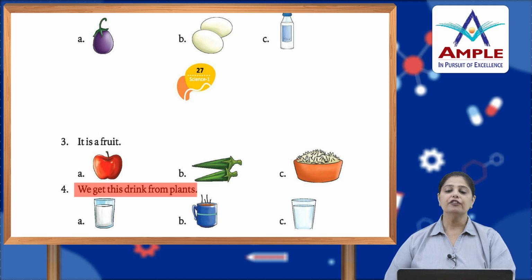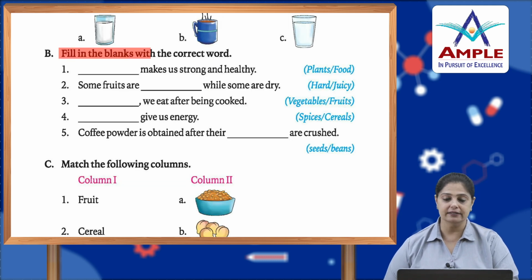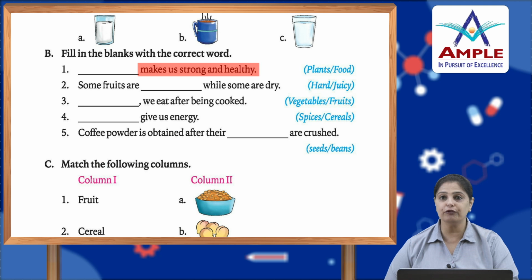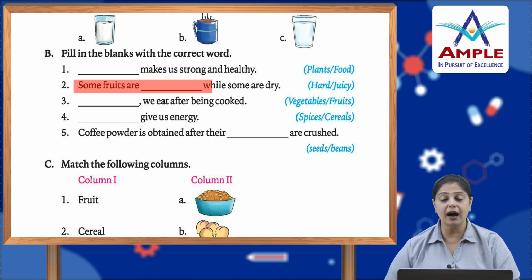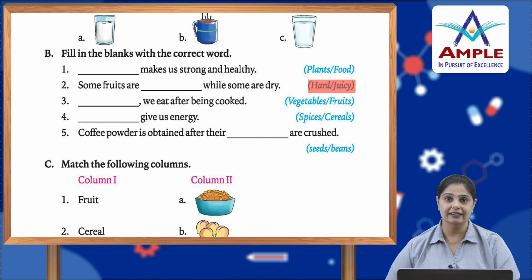Now, fill in the blanks with the correct word. Dash makes us strong and healthy. Plants or food? Food. Food makes us strong and healthy. And food is obtained from plants or animals. Some fruits are dash while some are dry. Some are juicy while some are dry.